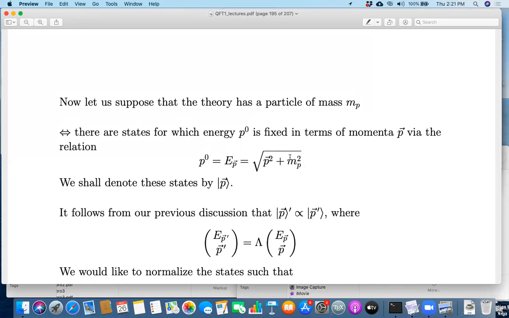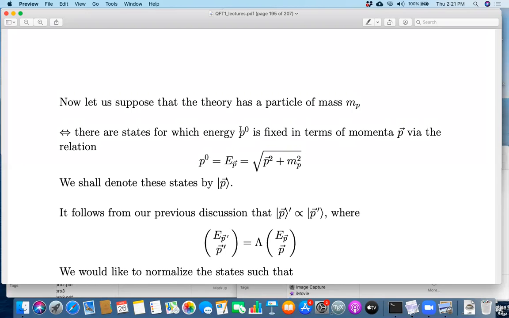Is this statement clear? Shouldn't we be able to relax this condition, in the sense that not all momenta may be conserved? See, momenta are of course always conserved, because you have translation invariance. We are not saying that this is true for all the states in the theory.